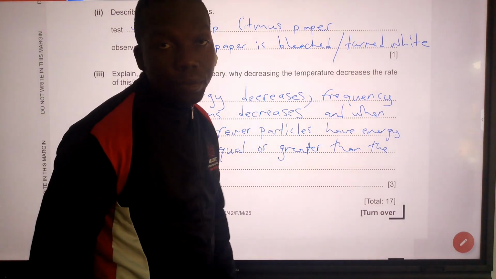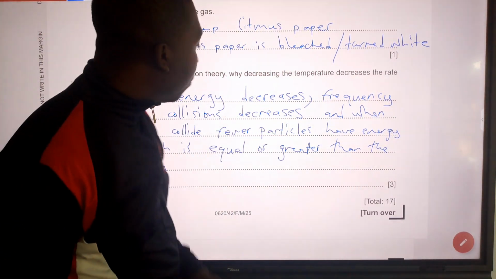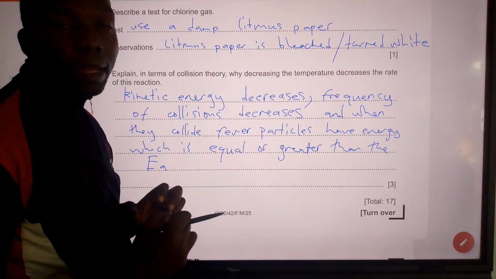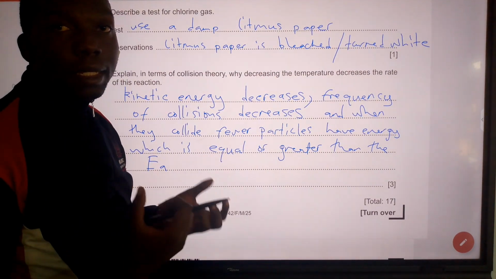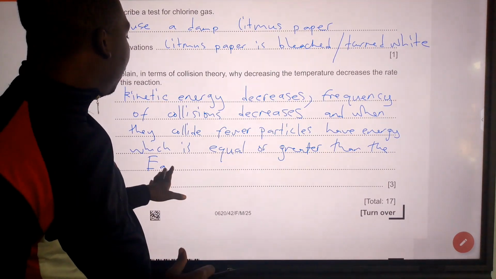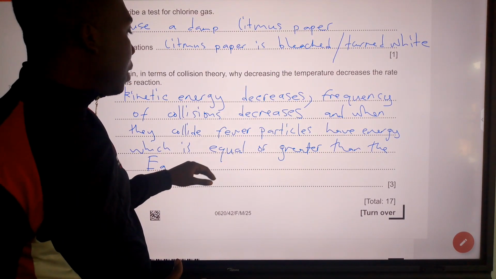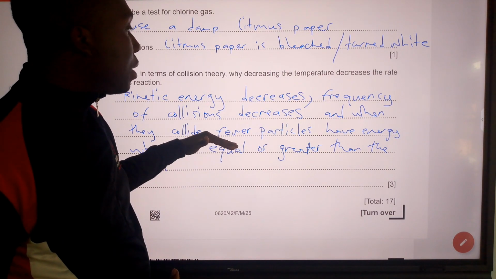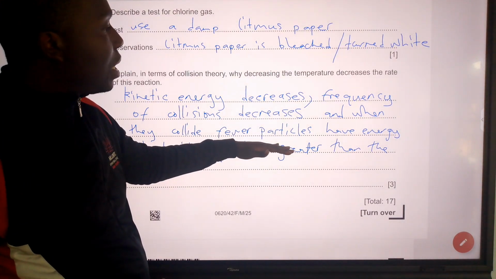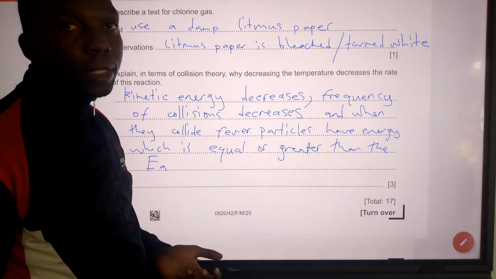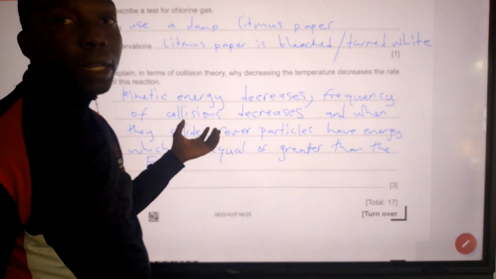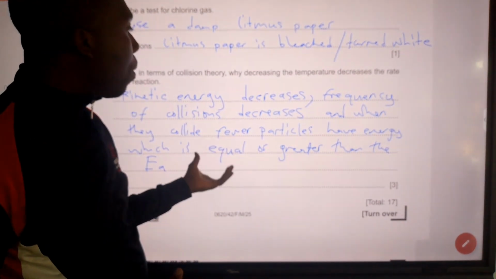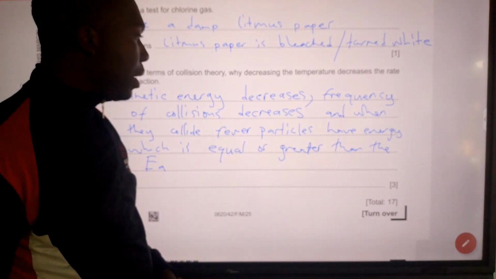For a reaction to successfully take place, the molecules which collide with each other must have enough energy such that a reaction is initiated. If there is an amount of energy which is equal to or greater than the activation energy, then the reaction will take place. But in this case, fewer particles will have energy which is equal to or greater than the activation energy.